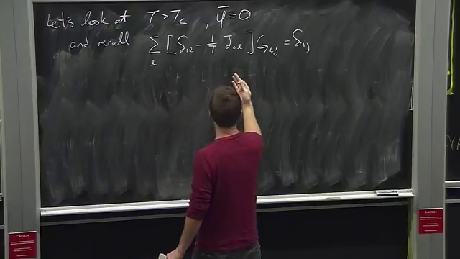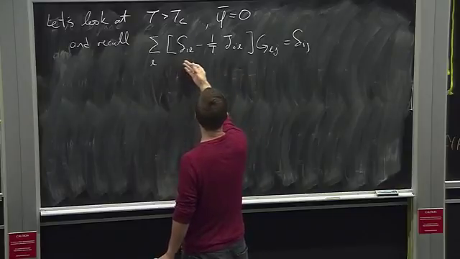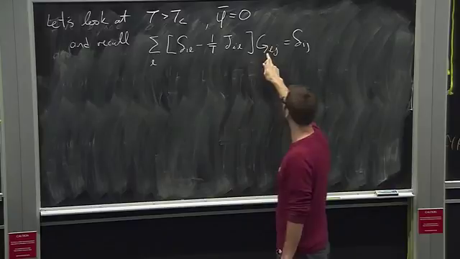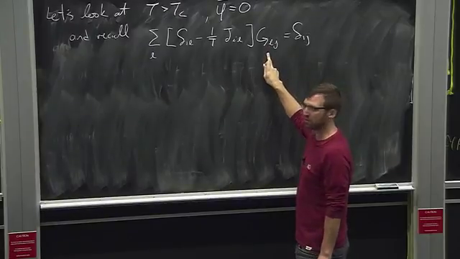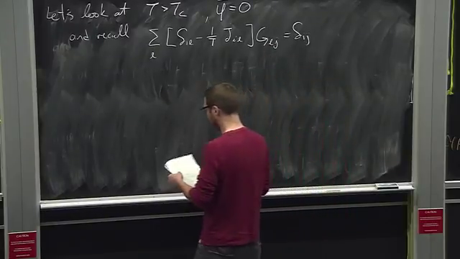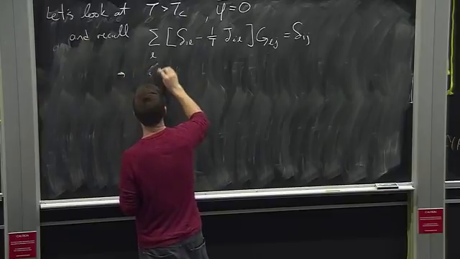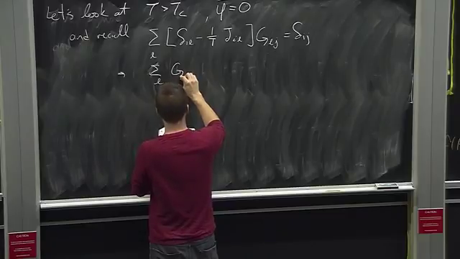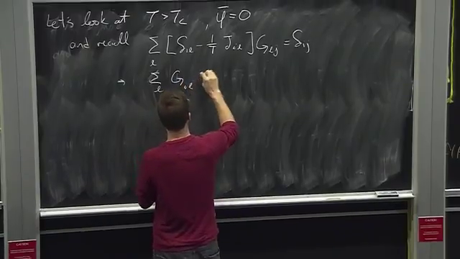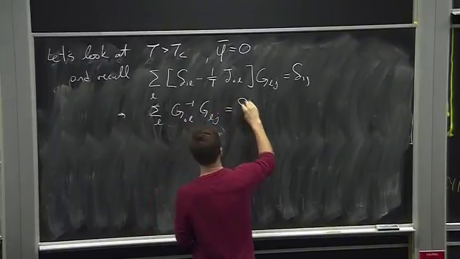But since you have a sum over this L index, GLJ, this is just the inverse of this matrix here. This happens to be the 2-point correlation function, but you can also write this sum over L. So I have LJ there, so I need IL inverse GLJ.